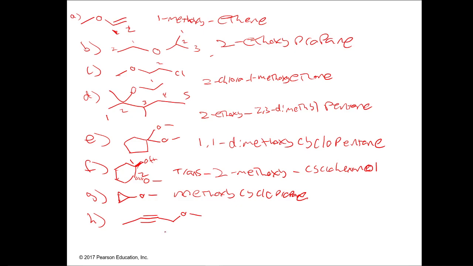Either way, the alkyne is on 2, so we're actually going to number the methoxy as 1 because that gives everything lower numbers. Lowest number possible for the alkyne is 2, regardless of which end we start on. So to give the methoxy the lowest number it can possibly get, we give it the 1. So it's 1-methoxy, but 2-yne. Last one.